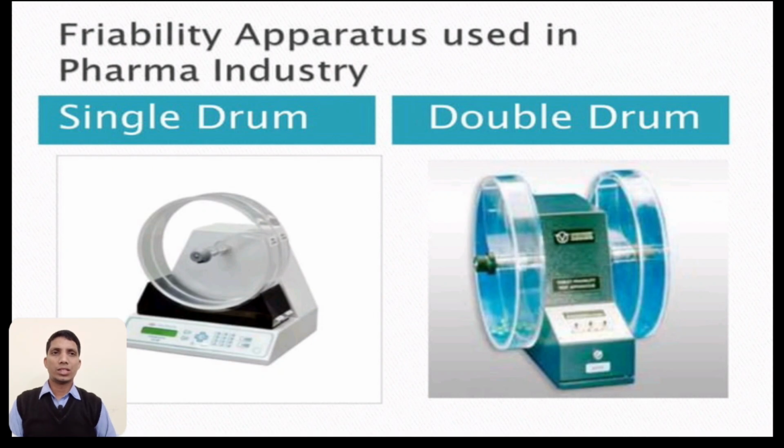These are the tablet testers used in pharma industries and laboratories. On the left-hand side we can see the single drum friability tester, and on the right-hand side the two drums, which is called the double drum friabilator.